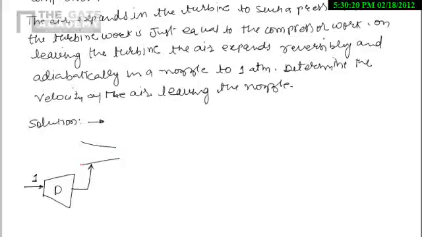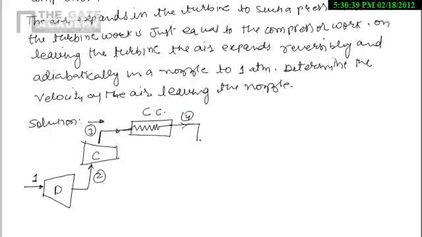This one is the compressor, at point 2, and it is leaving at point 3 and entering into the combustion chamber, that is CC, and it will leave the combustion chamber at 4 and enter the turbine.